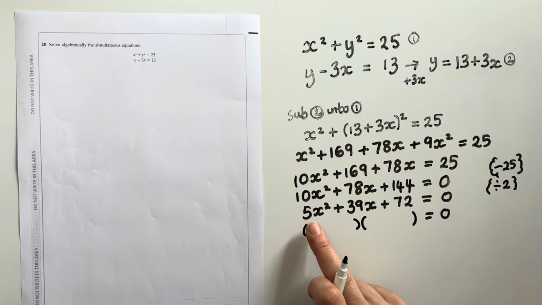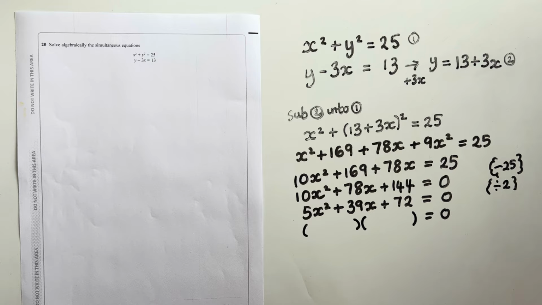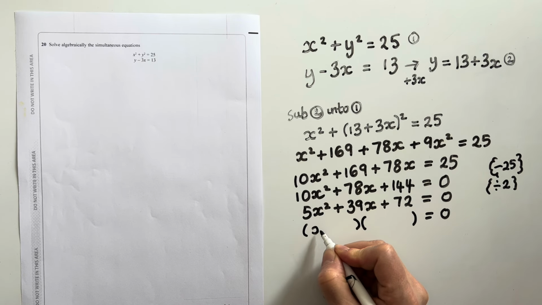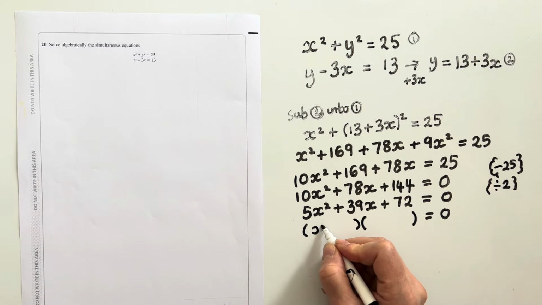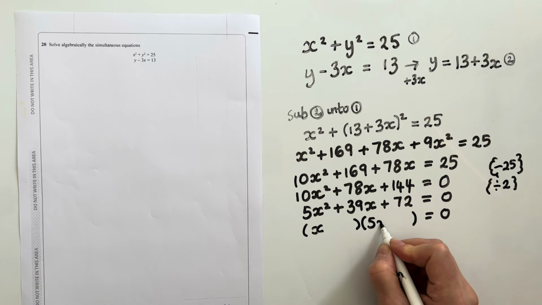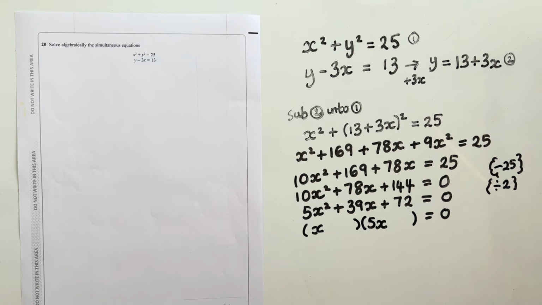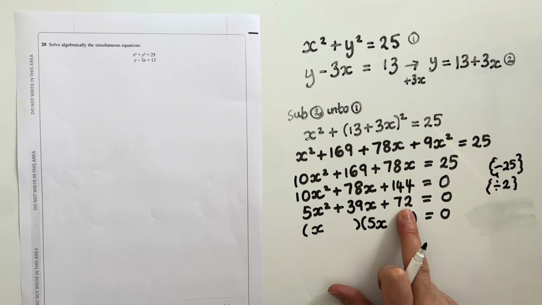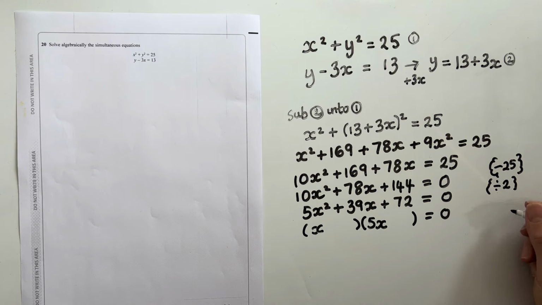We've got 5x squared, and 5 is a prime number, so we know we can only do 1 times 5 to get the 5, which means we're going to have 1x in one bracket and 5x in the other. We know these two numbers need to multiply to give 72. So we may want to go off to one side to do some working out.